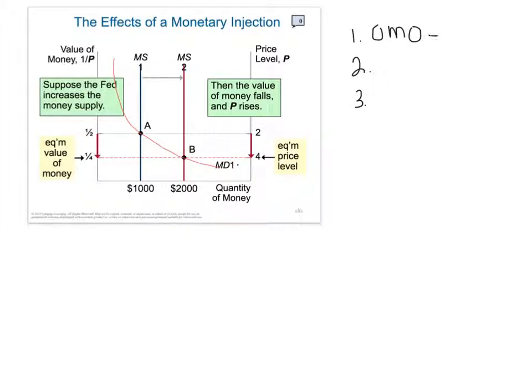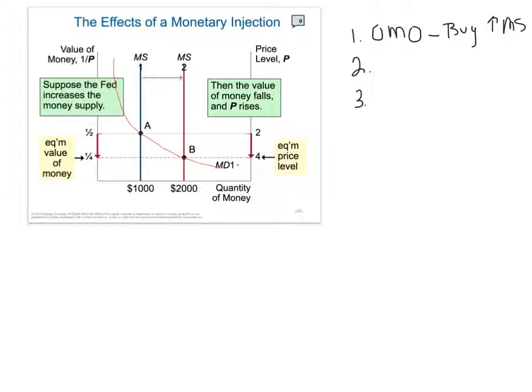So ask yourself, would the Fed buy bonds or sell bonds? If you said sell bonds, then you might want to rethink that. The Fed is actually going to buy bonds, and if they buy bonds, they replace the bonds in circulation with dollars, so that increases the money supply.